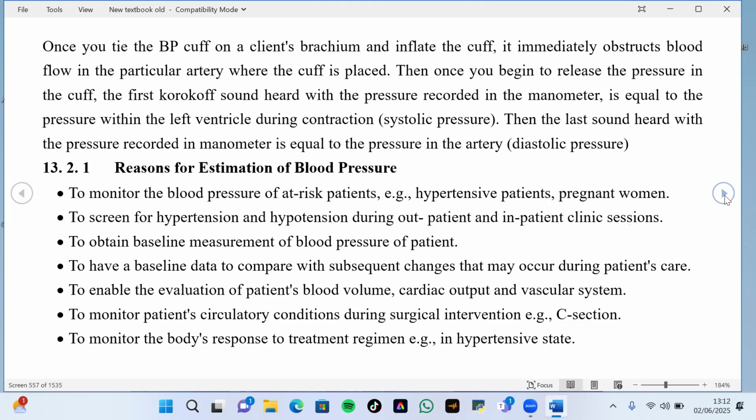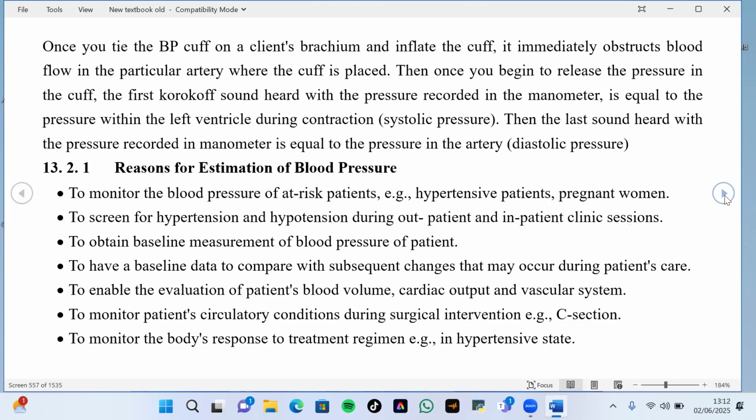So the first sound you hear as you are releasing it is because the pressure has already accumulated at the place you tied the cuff. Immediately you release it, the force it uses to push against the cuff bladder will be recorded by the mercury manometer, because that is the force that has been built up from the heart.